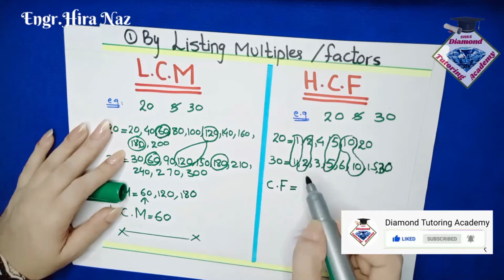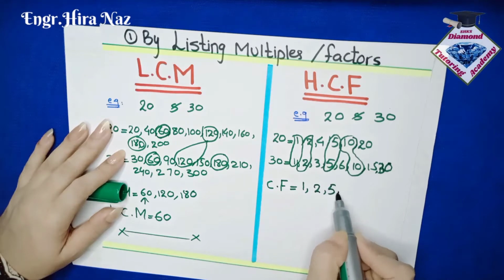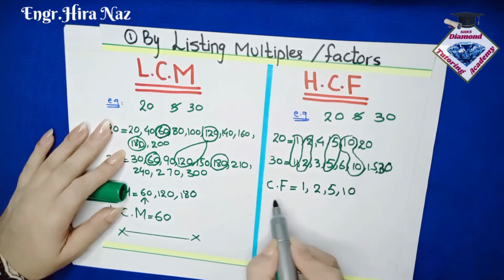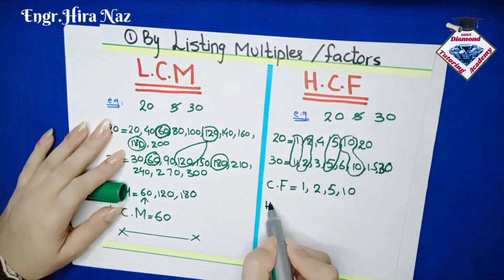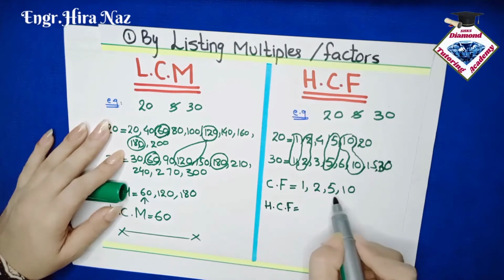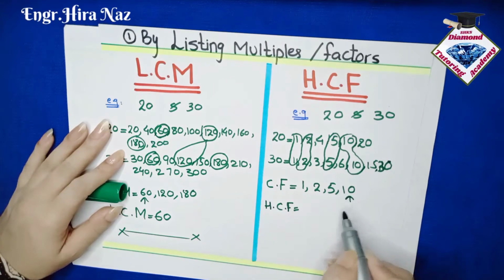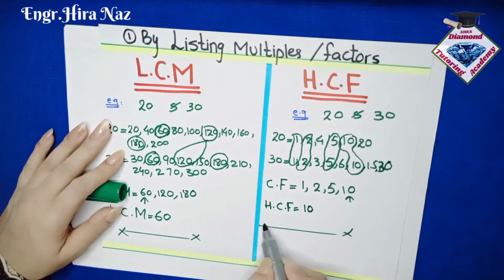What are the common factors? 1, 2, 5 and 10. These are all common factors. Now we have to find the highest common factor. So you have to decide the greatest number among the common factors, which is 10. So 10 is the HCF in this case.